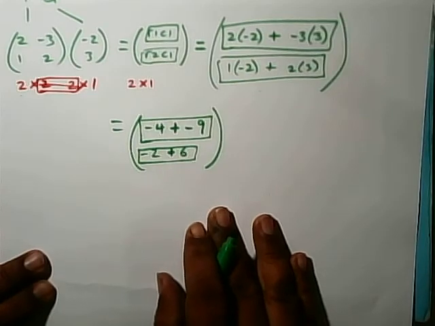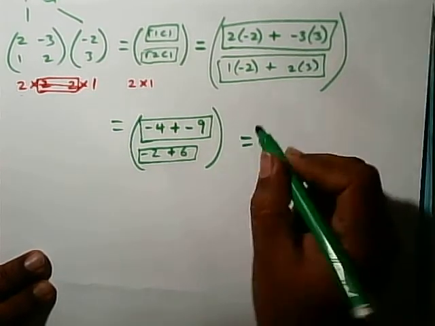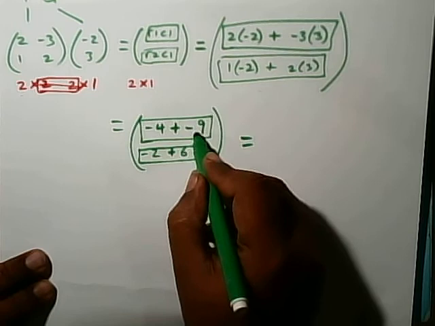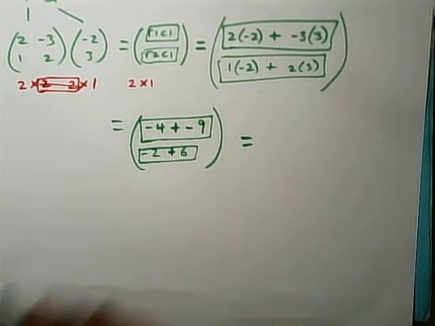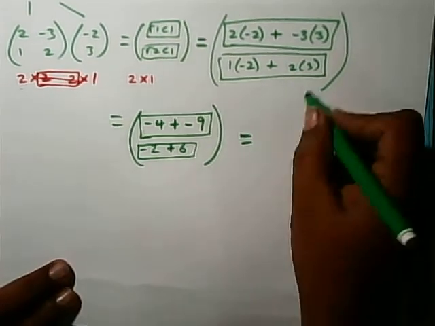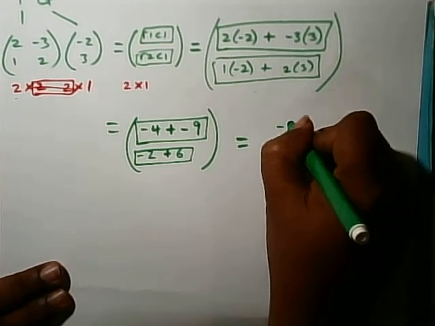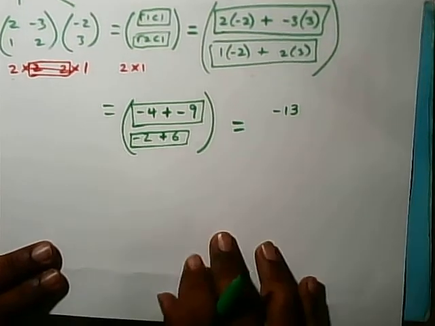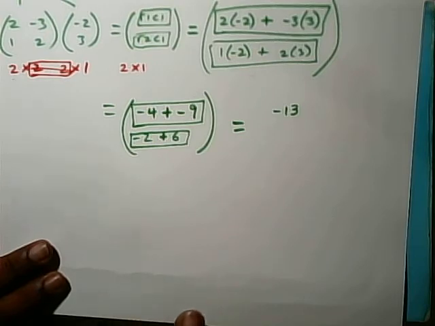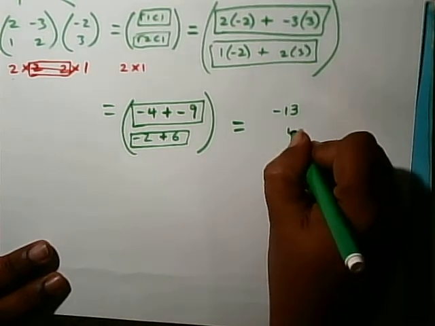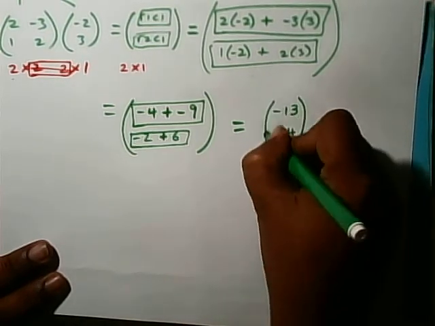That will work out to minus 4 minus 9: go down 4, then go down 9, and you'll end up with negative 13. Minus 2 plus 6: go down 2, go up 6. That's your answer.